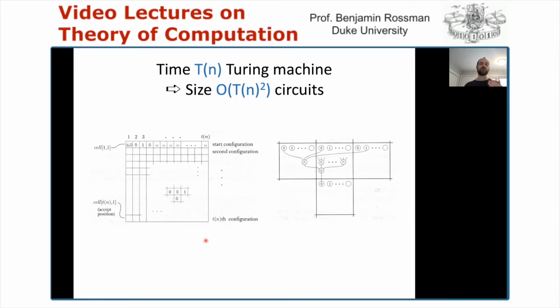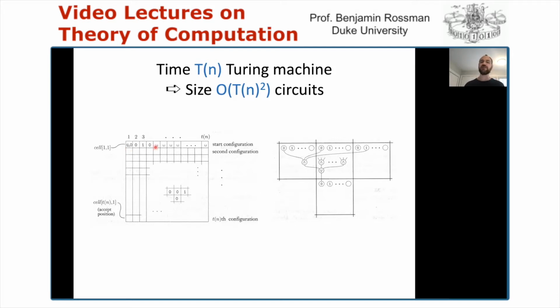Each row of the table contains the configuration of the Turing machine at the given time. On the top row is the initial configuration of the Turing machine. Then the next row would be the configuration after one time step, and so on. The configuration contains the contents of the tape together with the location of the tape head and the current state.